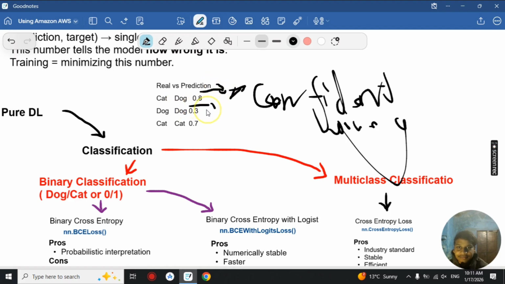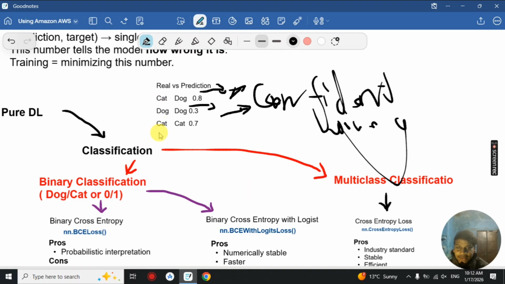Second, if it is predicting dog and the real value is dog only, but it is predicting with 0.3, I mean the value is correct but the confidence is very low, then it will also raise a high error, since we need confidence with our correct answer.